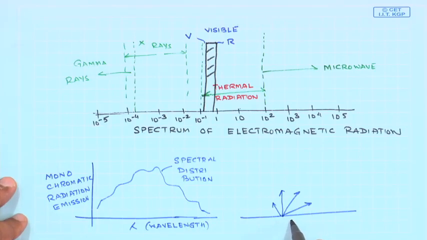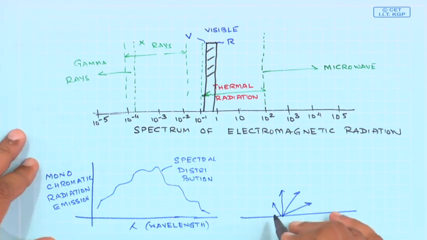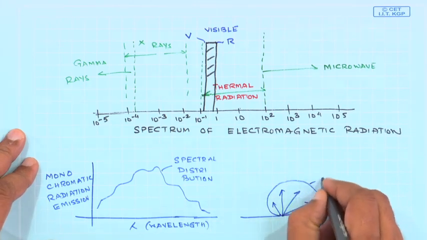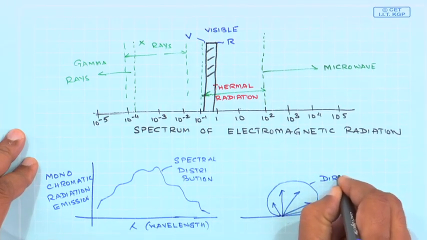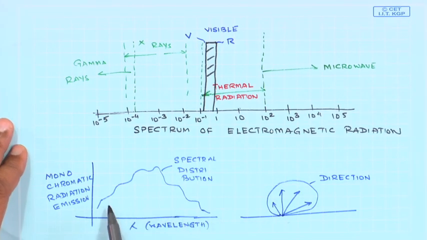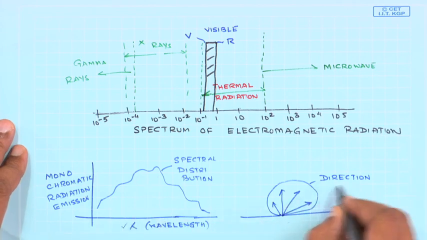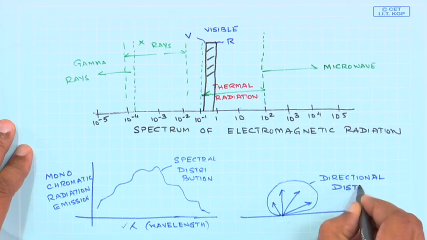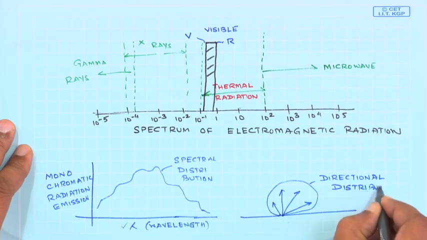But if you look at this surface, then from a point this one will have a directional distribution, which is something different from over here. So, here the distribution depends only on wavelength. Here the distribution depends on the direction as well.